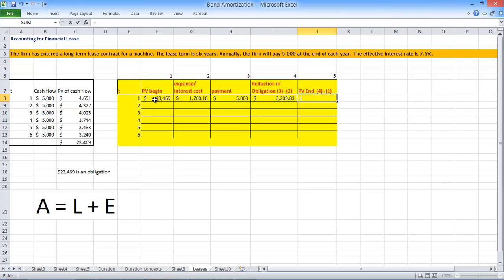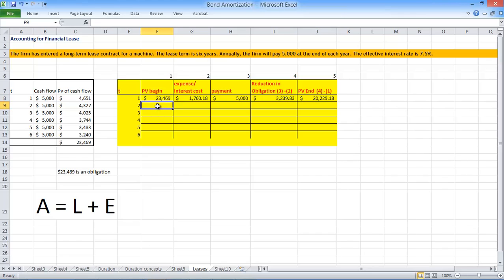So you subtract your beginning value with the payment that you have made, this reduces your obligation. So you can see that at the end of year one, you only have an obligation of $20,229.18.